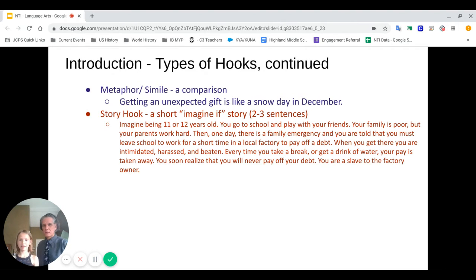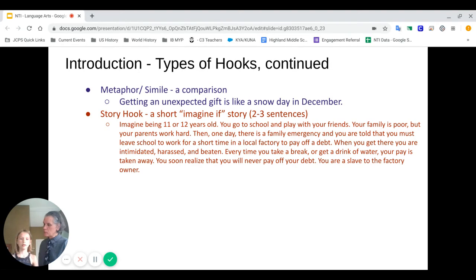Imagine being 11 or 12 years old. You go to school and play with your friends. Your family is poor, but your parents work hard. Then one day your family has an emergency, and you are told that you must leave school to work for a short time in a local factory to pay off a debt.